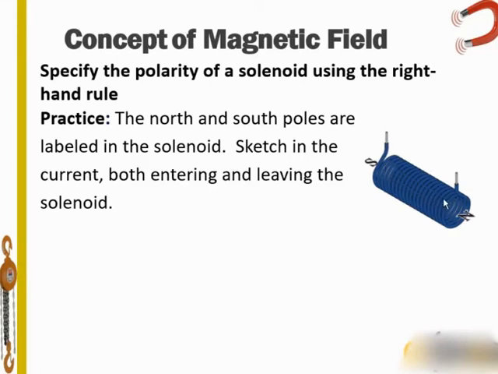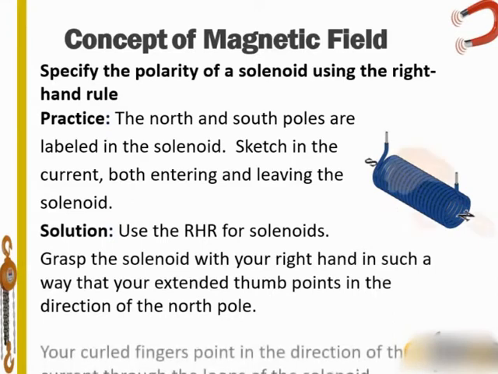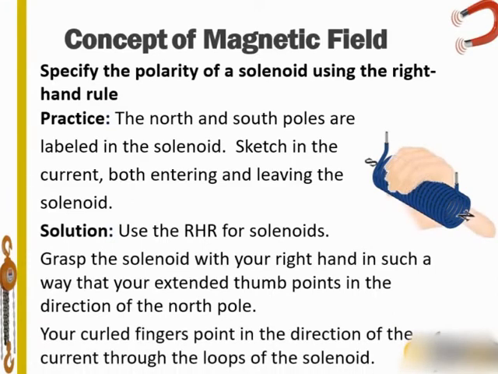Well, quite easily. What you would need to do, again, is to use the right-hand rule for solenoids. Now remember, there is a right-hand rule for straight line wires in terms of current going through a straight line wire. And that's different to the right-hand rule for solenoids, because in this particular case with solenoids, your fingers represent the direction of the current.